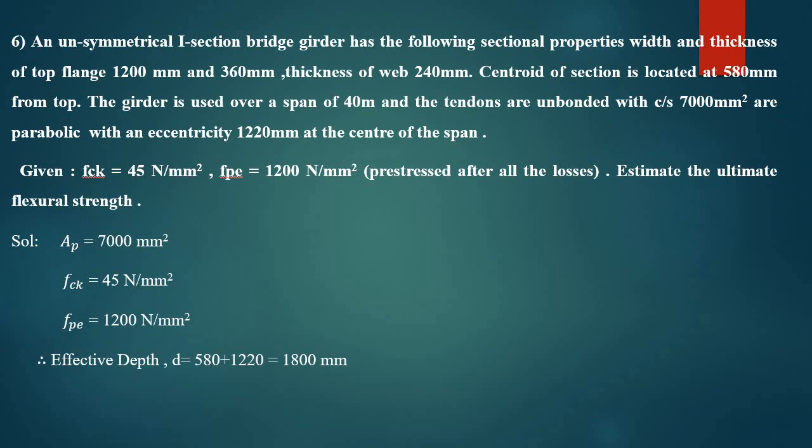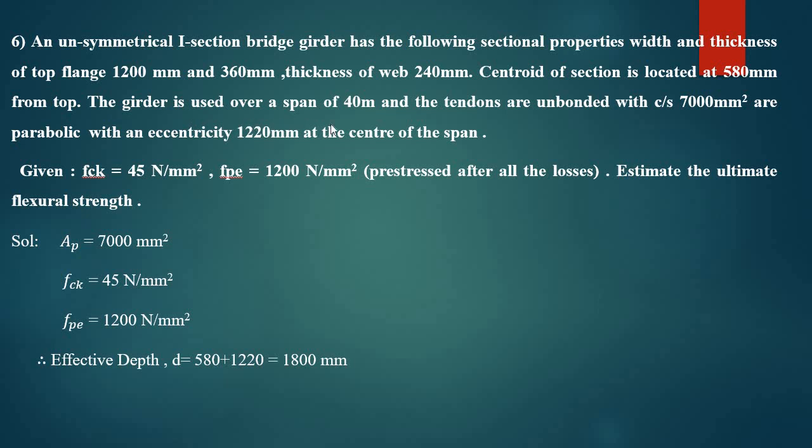An unsymmetrical I-section bridge girder has the following sectional properties: width and thickness of top flange 1200 mm and 360 mm, thickness of the web 240 mm, centroid of section is located at 580 mm from top.